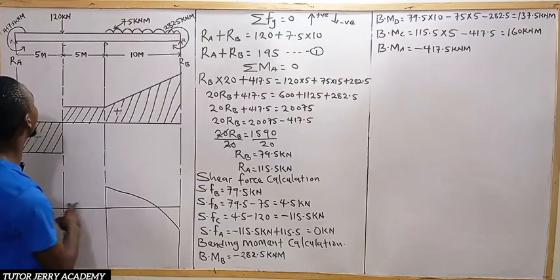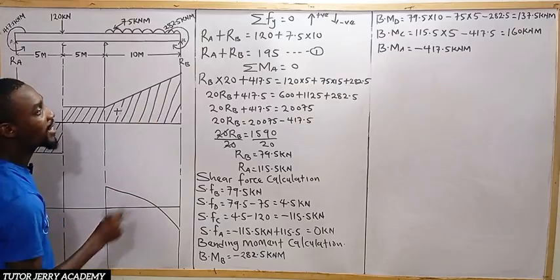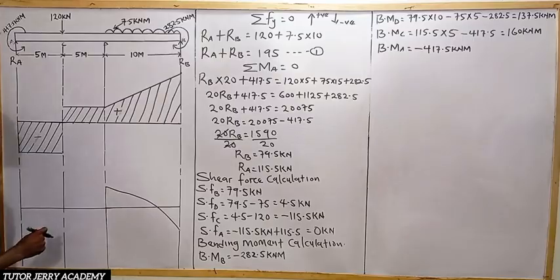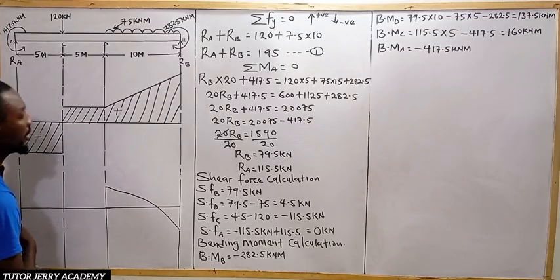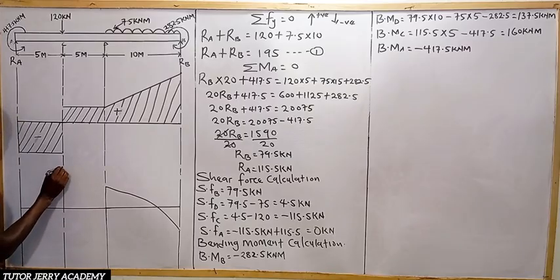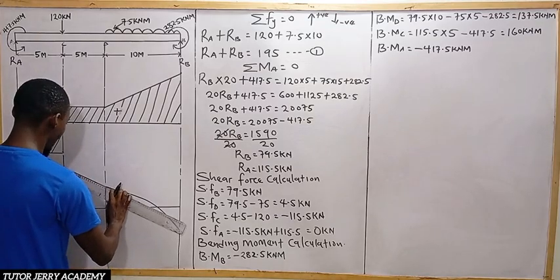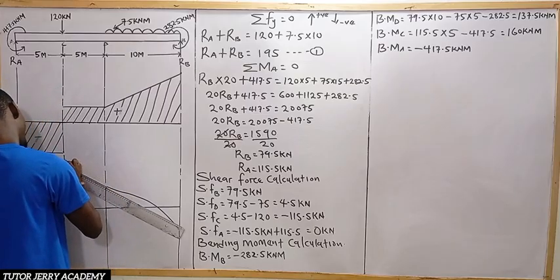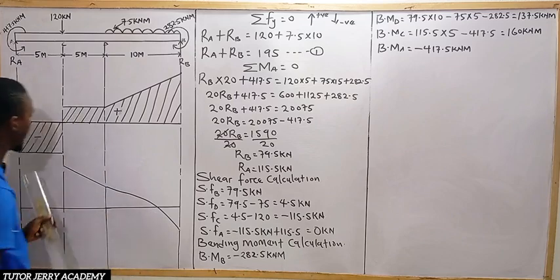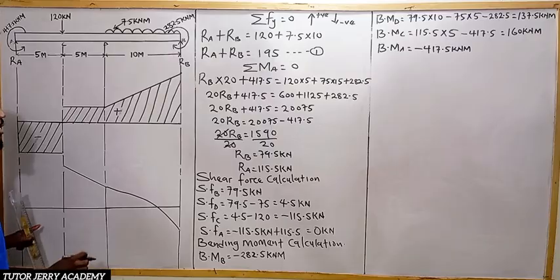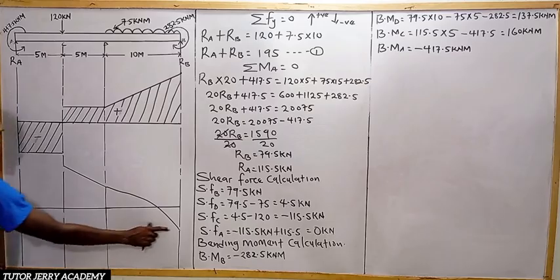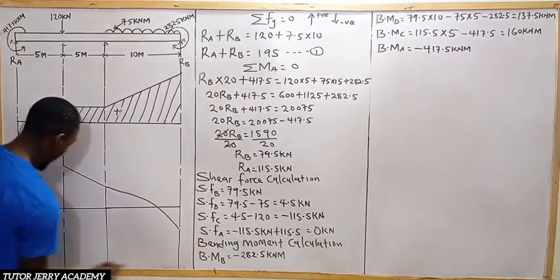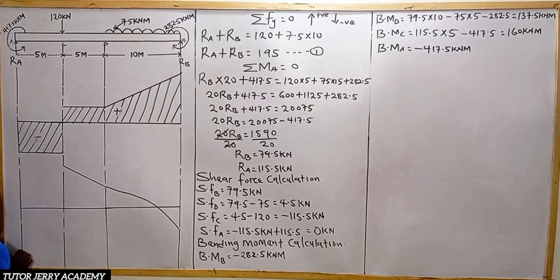So at point C now, we are going to have 160, which is higher than this, so we are going to use an inclined line to join these points together. And at A we have minus 417, which is lower than what we have here, so I have to take it down.